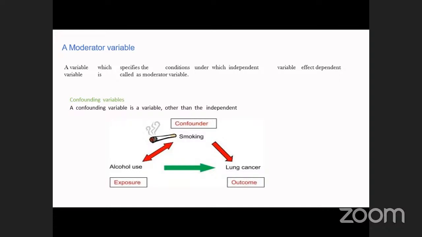No, smoking here is a confounding variable. Drinking is your independent variable, right? And lung cancer is the outcome variable. So alcohol intake is rather your independent variable.